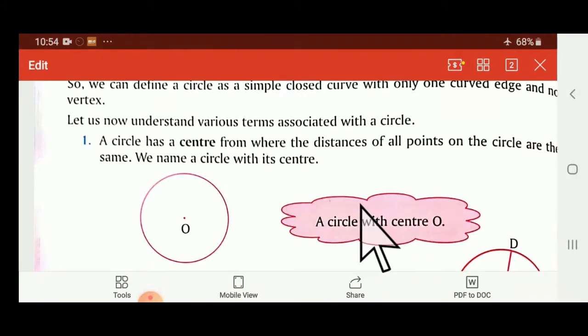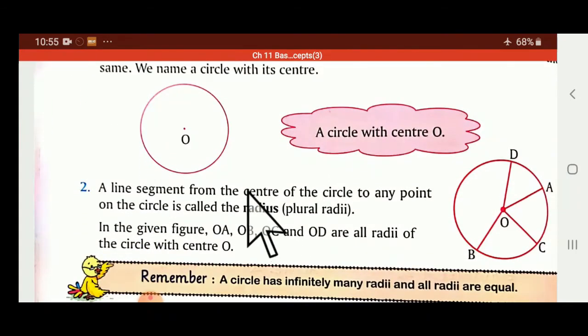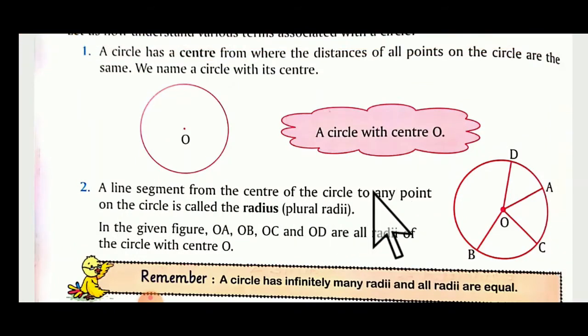What is a circle? A circle has a center point from where the distance of all the points on the circle are the same. We name it with the center O. Dot is given and we write it as O. A circle with the center always. Then a line segment from the center of the circle to any point on the circle is called a radius.